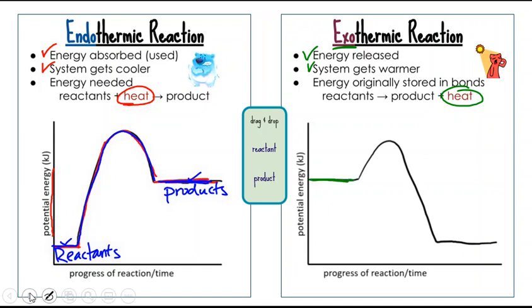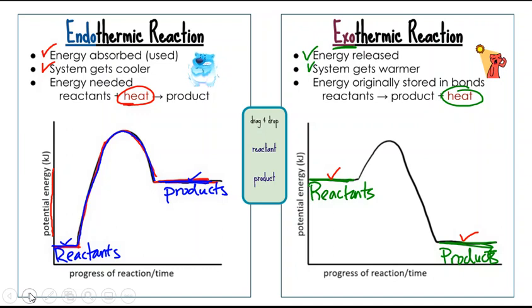So here and here, these designations do not change. This is still the energy in the reactants over here. These are still the energy of the products. The difference in the exothermic is that the reactants and products are now switched. The products amount is lower than the reactants amount.